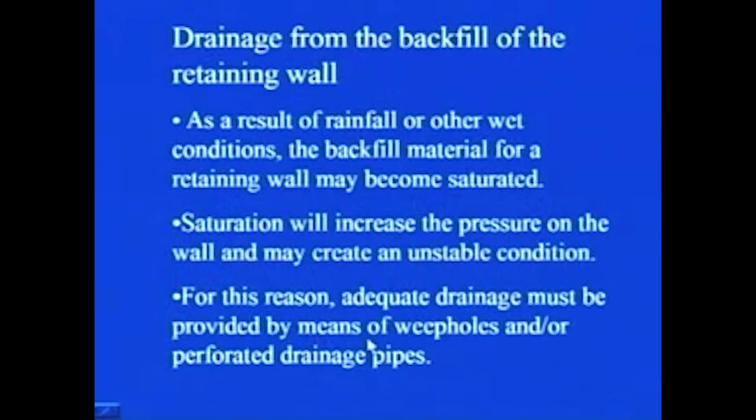So, that is why there will be chances of the wall failing. So, there should not be any development of pore water pressure. For this reason adequate drainage must be provided by means of weep holes and perforated drainage pipes. You can either use weep holes or perforated drainage pipes or a combination of both.